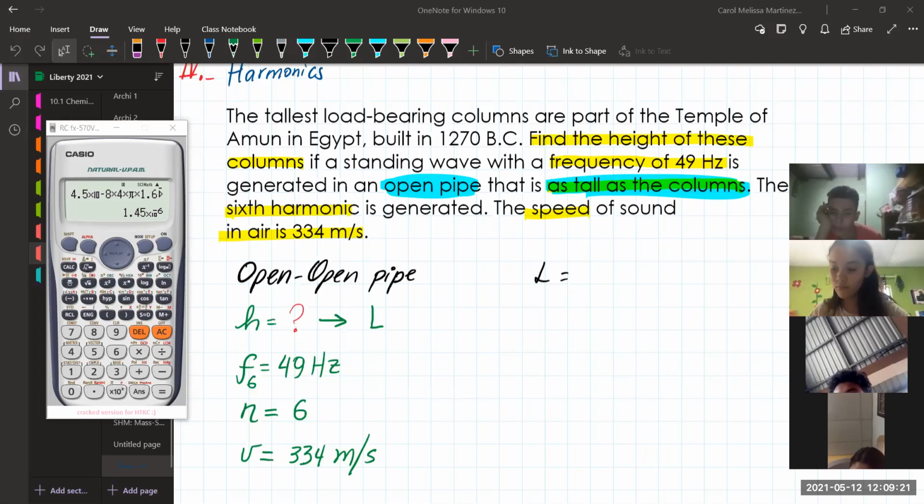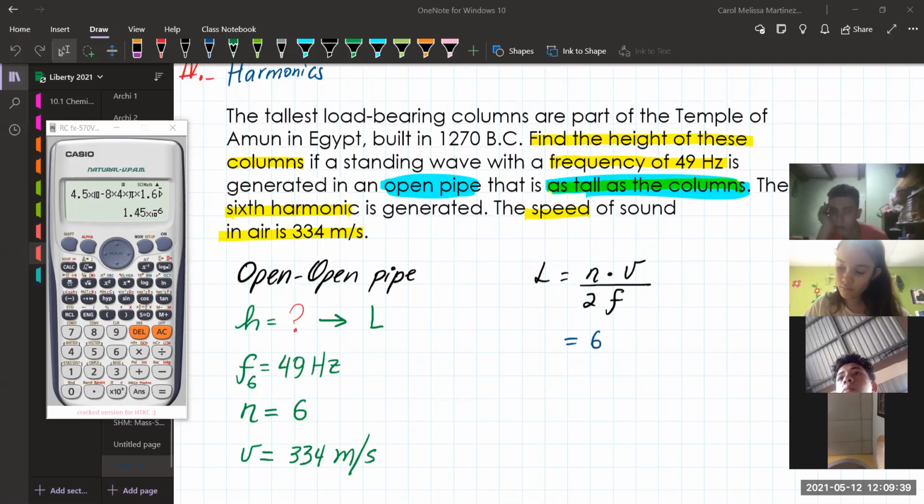Length is going to be equal to n, the harmonic number, times the speed of the wave, divided by 2 times the frequency. You know that the harmonic number is 6, and it's multiplied times 334 meters per second, divided by 2 times the frequency of 49 hertz.